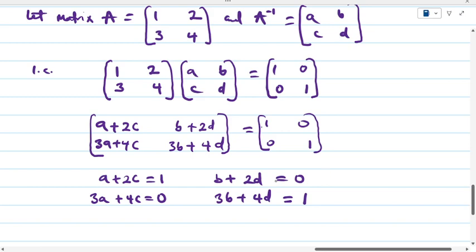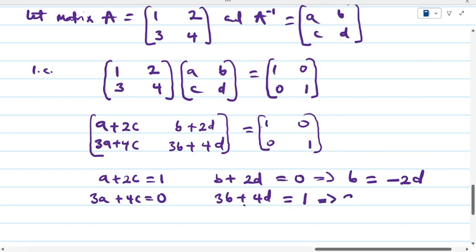Here I can make b the subject by taking plus 2d to the other side, that is b equals minus 2d. Then substitute b equals minus 2d in this equation.